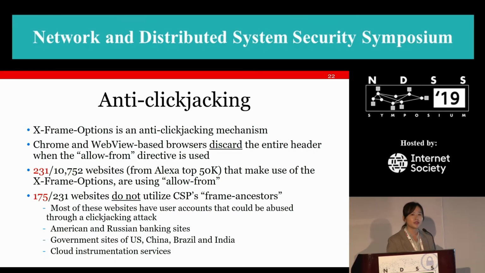To understand the potential risks resulting from this decision, we analyzed the X-Frame-Options header of Alexa top websites, and we found 231 websites out of the at least 10,000 websites that use the X-Frame-Options header are actually using allow-from. Among them, there are still 175 websites, including American and Russian banks, the government sites of US, China, Brazil, and India, and cloud instrumentation services.